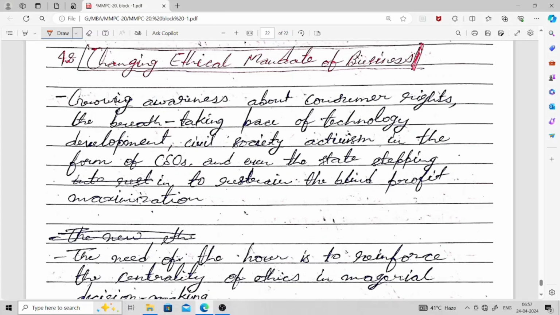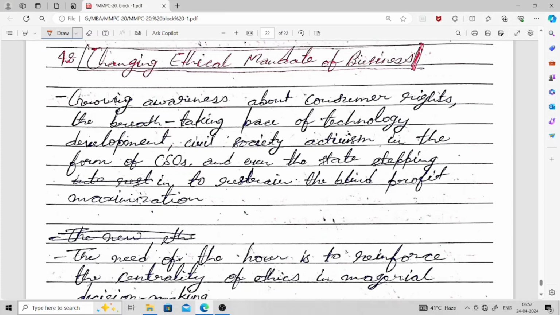It means the blind profit maximization objectives of corporates are being restrained by the government, civil society activism and technological development.